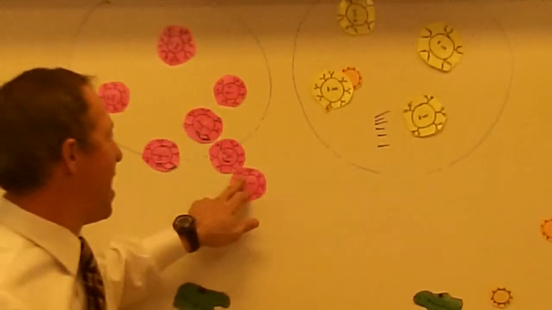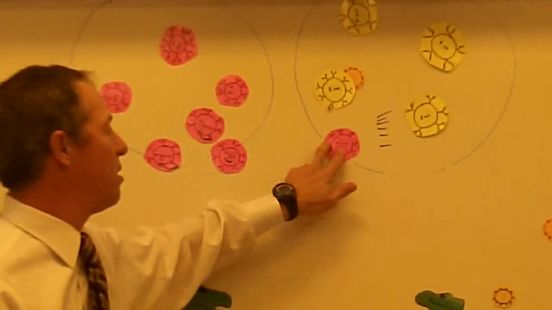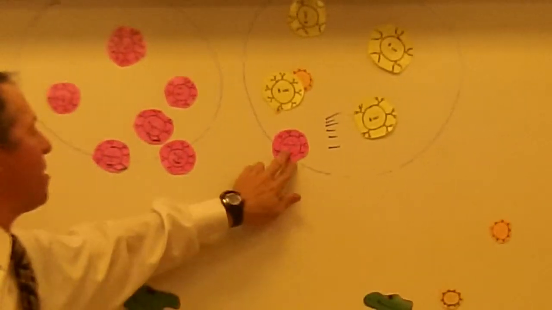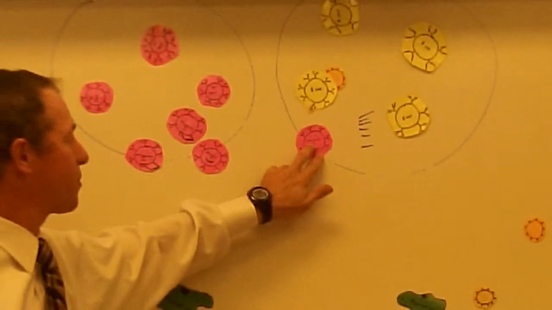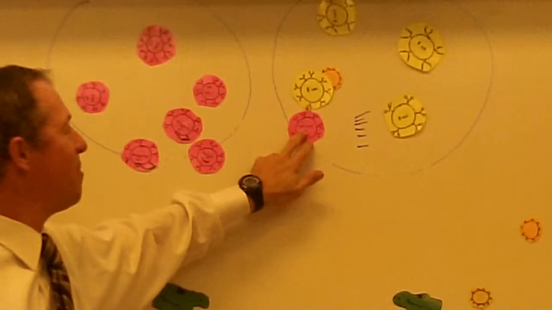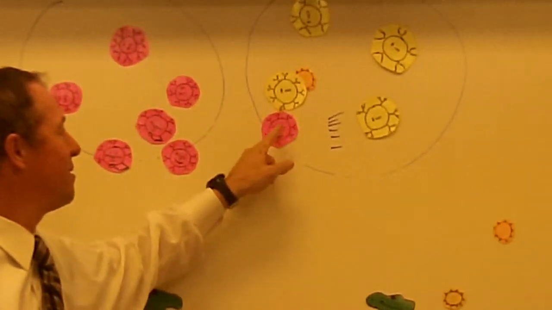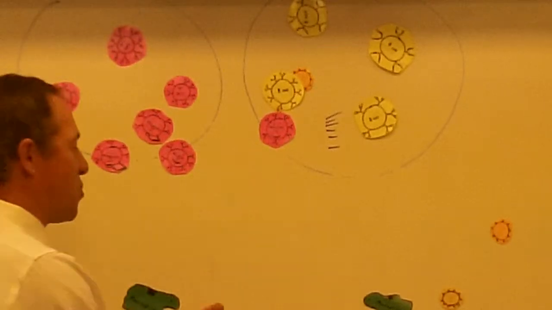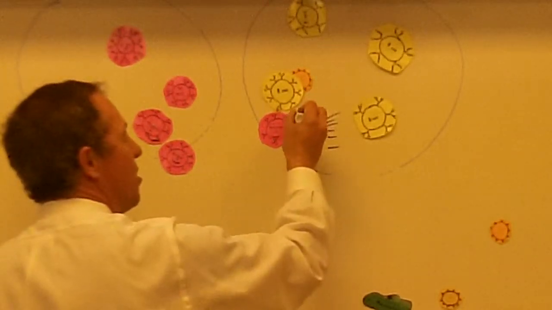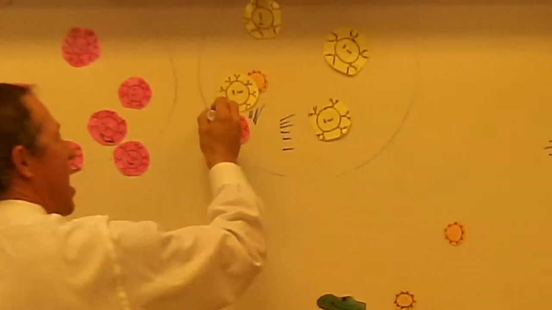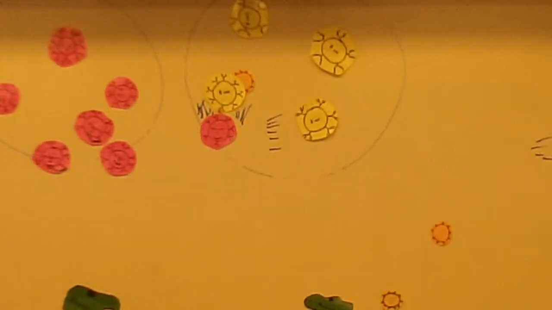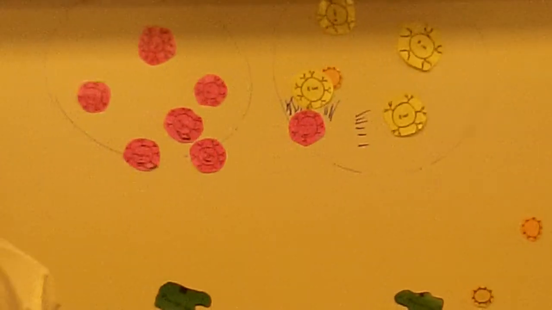Eventually a helper T cell made to kill that same virus will come in, bind to the B cell that has already eaten this virus, and spray it with cytokines. And now the B cell is activated.